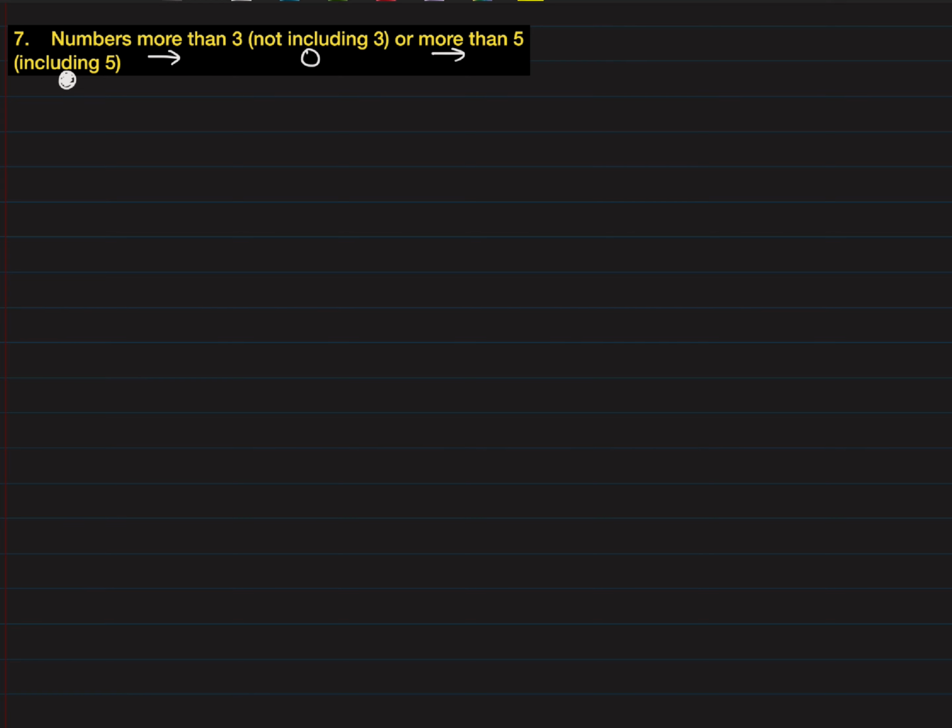So let's draw the number line again, and we have 3 over here, we have 5 over here, and we have a circle that's not shaded in, and it's going towards the right hand side, and then we have a circle that is shaded in that is also going to the right hand side. Let me just fix the 5 because it looks a bit like a 6.